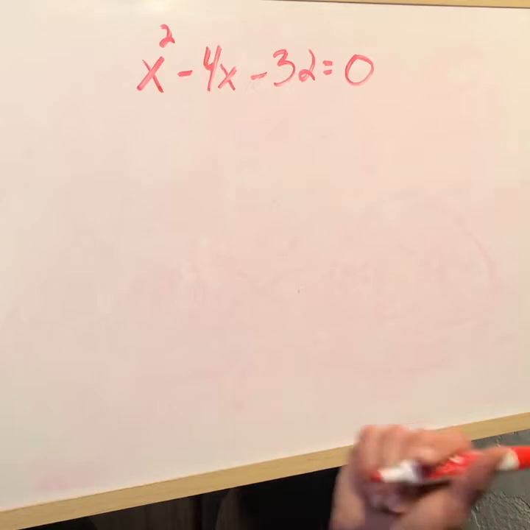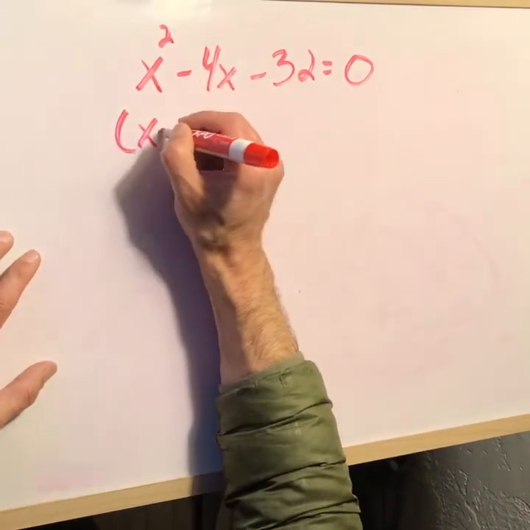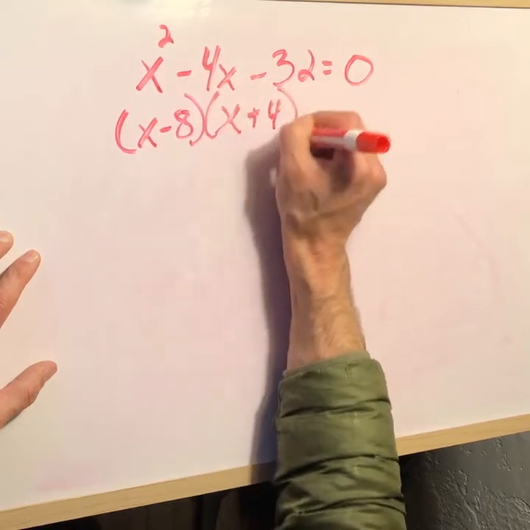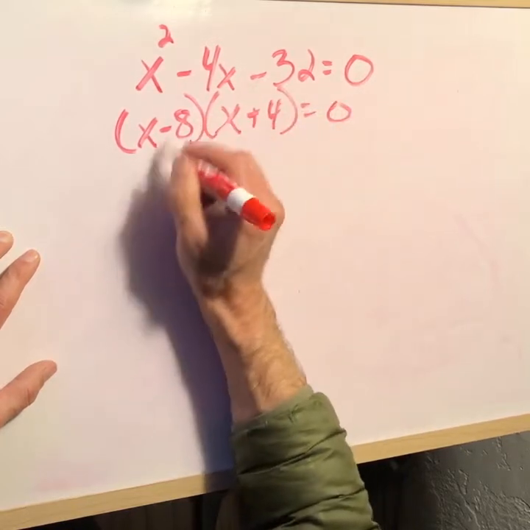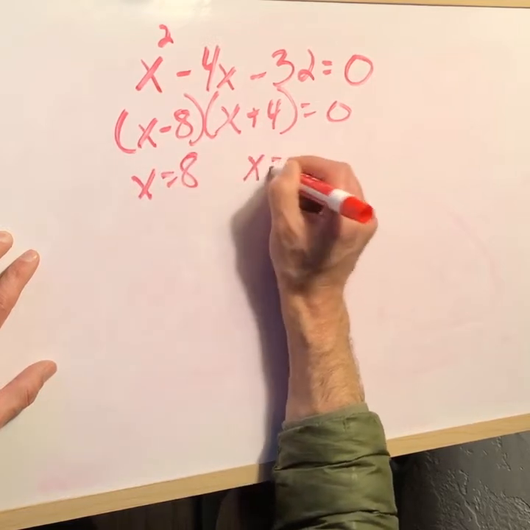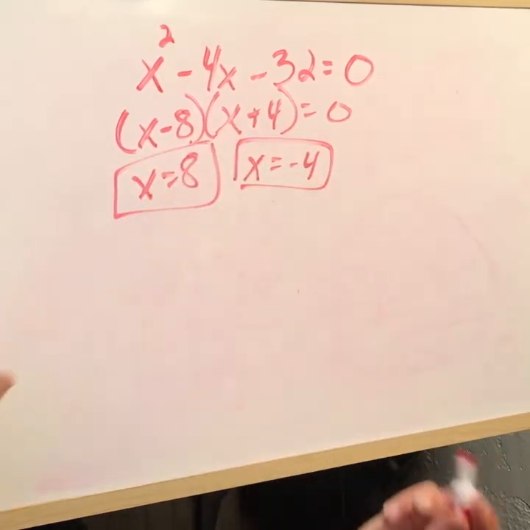Then I say solve for x. Well, you just factor this: x minus 8 times x plus 4. And then your solution is x equals positive 8 and x equals negative 4. Super simple because we know how to factor.